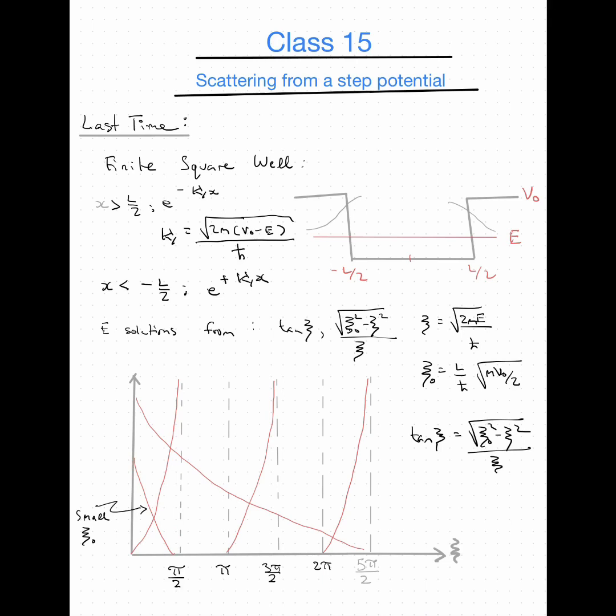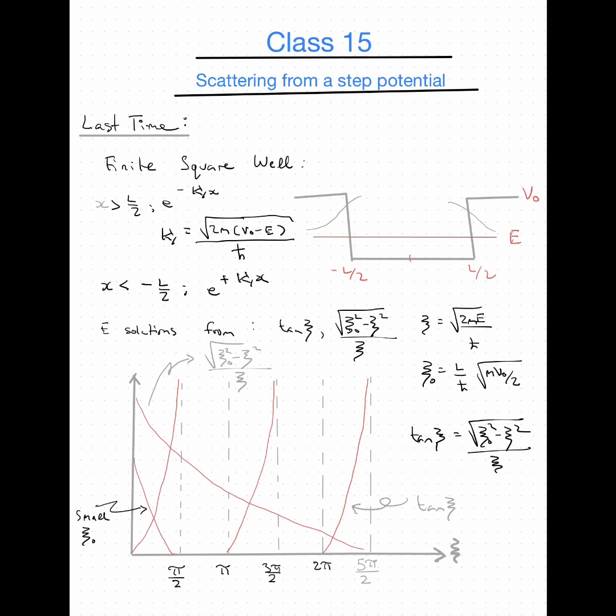Just to make it really clear, this curve here is the square root and this curve here, as I said before, is the tangent.